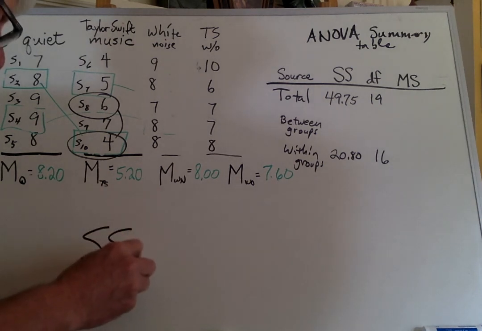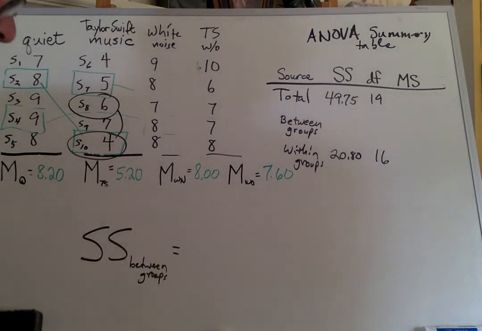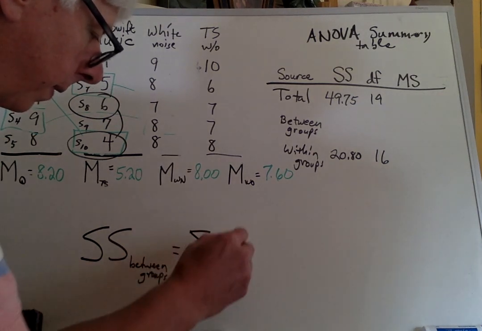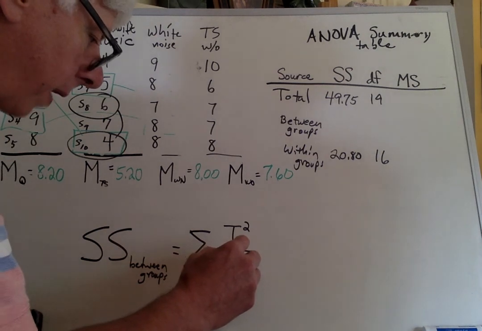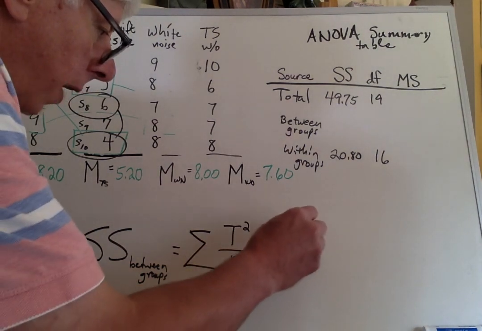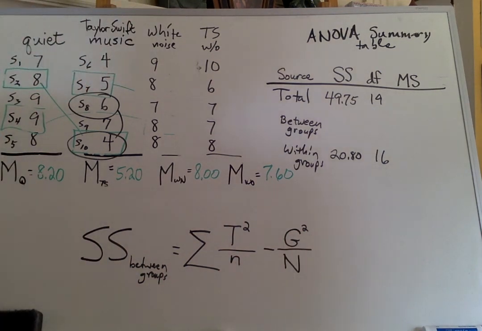So this is the sum of squares between groups, and here's what it equals. We're going to add up T squared over n, minus G squared over big N.